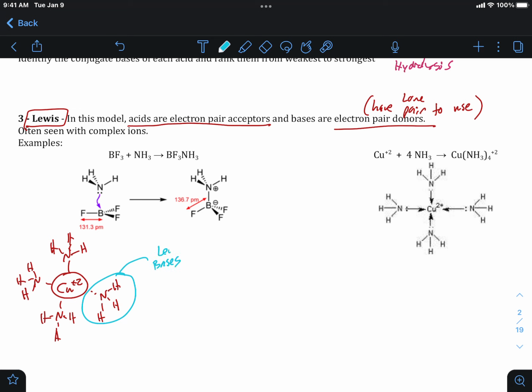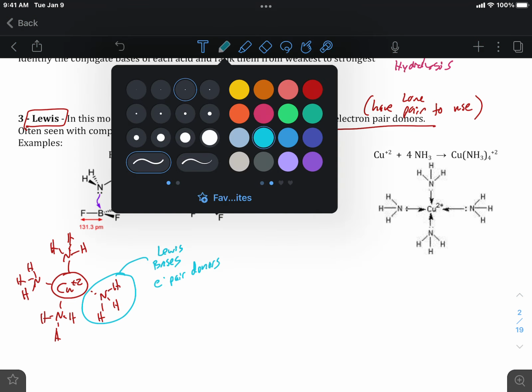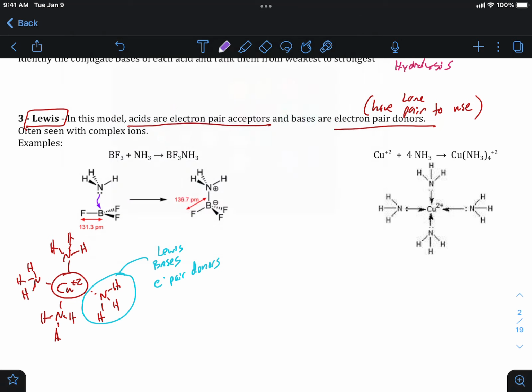They're Lewis bases. Why? They are bringing the electrons to the party. They are electron pair donors. The copper 2 plus ion is the Lewis acid. It accepts the electron pair to form a bond with ammonia. What's that bond called? Coordinate. Yeah, the coordinate covalent. Yes, Ron.